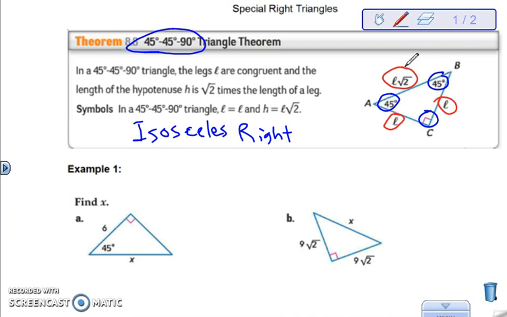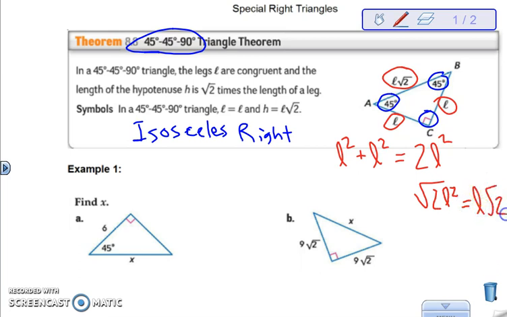So if I take the sides of this triangle, in this case L squared and L squared, added up, that would give me 2L squared. And then if I take the square root of that, it would be the same as L square root 2. So that's where those three sides come from.